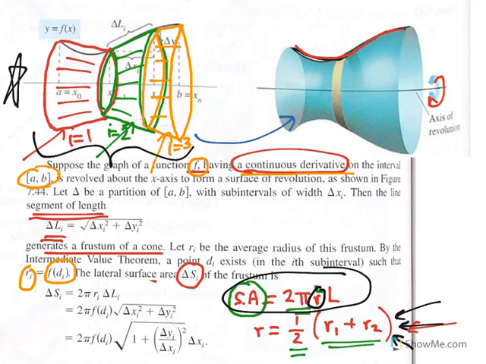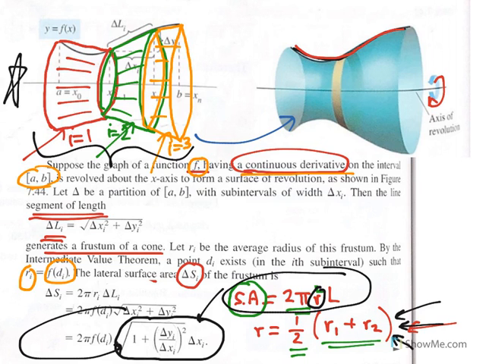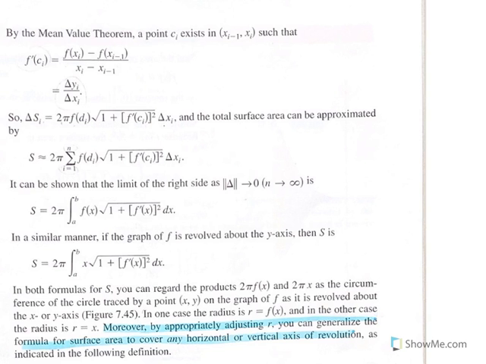And what you see here is exactly what you saw in the previous lesson when we went over the development of the definition of arc length. Everything is the same. We do the same algebraic manipulation that we saw in that lesson to go from this line to this line here. And then you'll see the same thing that we saw in that lesson about using the mean value theorem, and we use it for the same purpose.